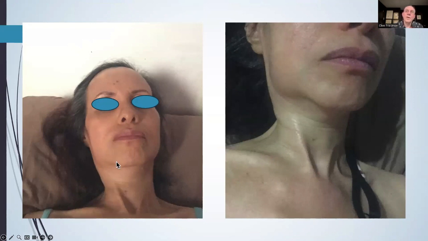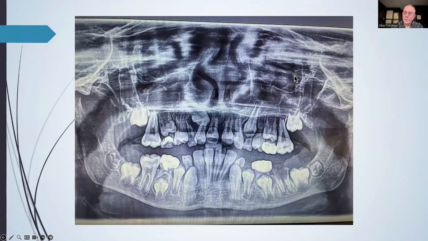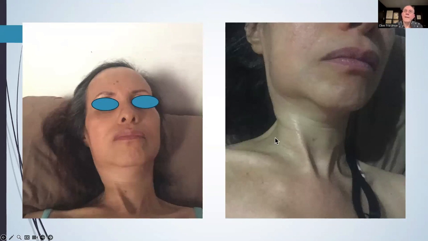So if you had a look at this initially, you may think that this is some kind of an odontogenic infection, but this is actually HO that has resulted in complete neck and head immobility. And she also has complete ankylosis, and we'll talk a little bit about what we do in those cases.